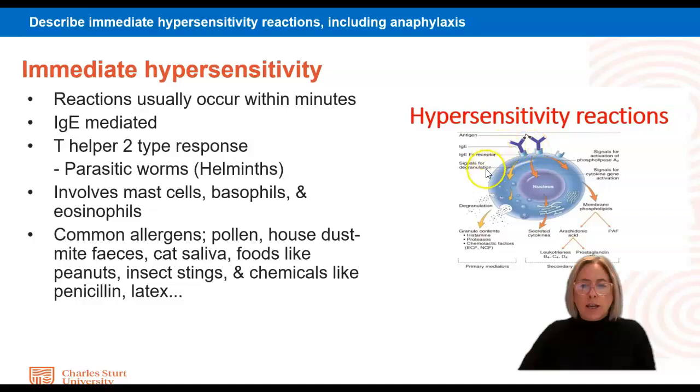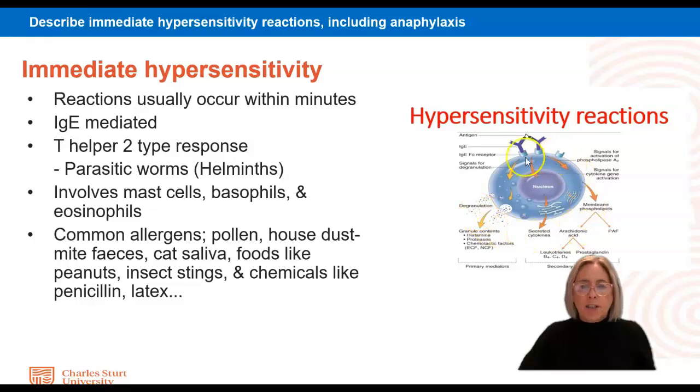This IgE antibody then coats the surface of mast cells and basophils. And then on subsequent exposure to that pollen, it binds to neighboring antibodies, and that brings them together and they kind of wriggle around, right? And that wriggling around is enough to cause a process called degranulation.